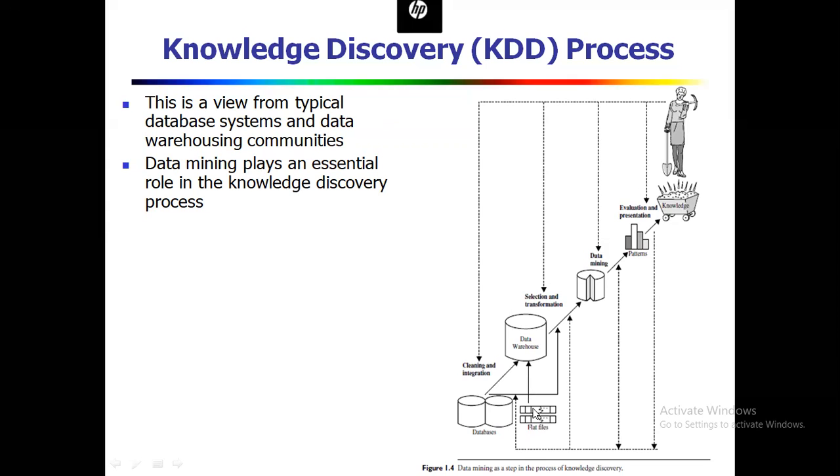So in the data warehouse, we store the data in the form of flat files or arrays, from which we have the selection and transformation for the data to be mined. So after selecting and transforming the data to be mined, we put it in the data mining process, or we apply data mining methods to extract useful patterns from it, and then we evaluate these patterns to get the knowledge from this data.